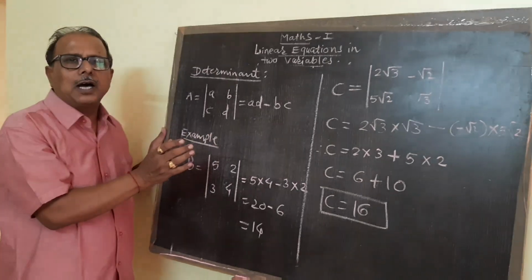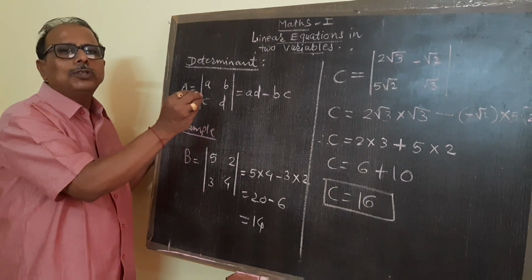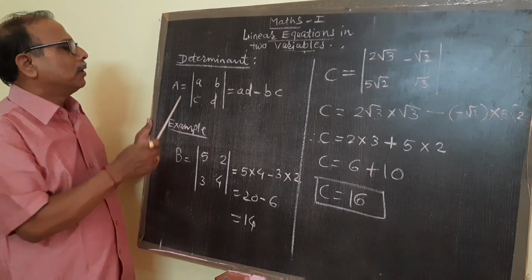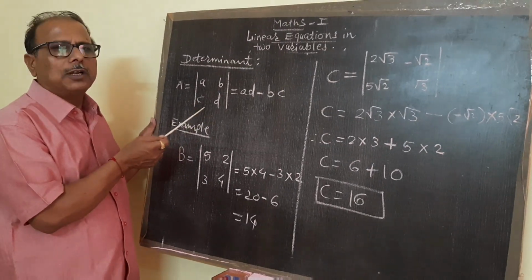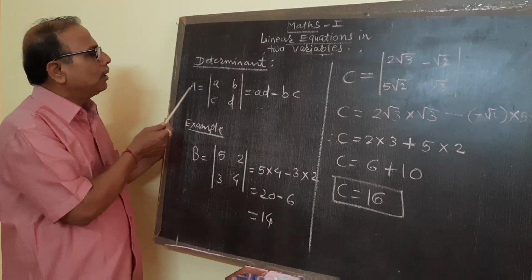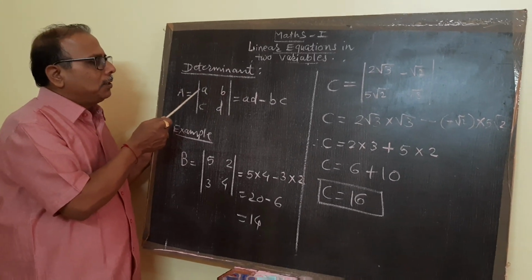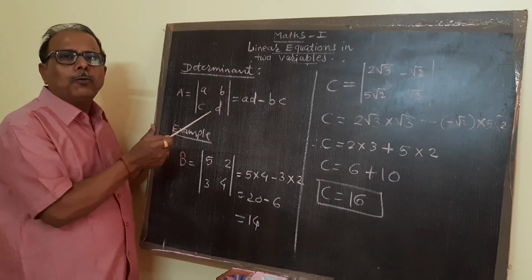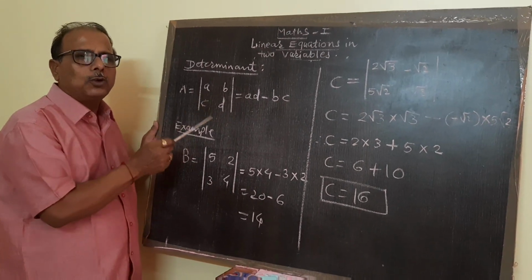A determinant is an arrangement of four elements or four real numbers in two rows and two columns. Suppose A is the determinant. We can denote a determinant by a capital English letter, so here I have denoted this determinant by capital A. These four elements a, b, c, d are arranged in two rows and two columns.